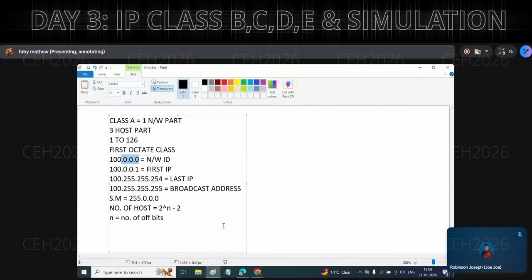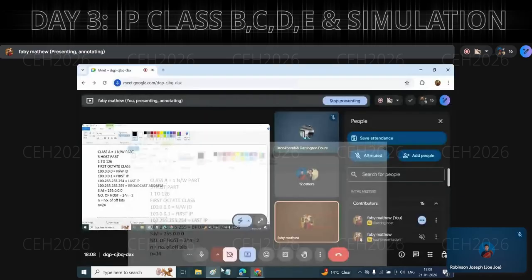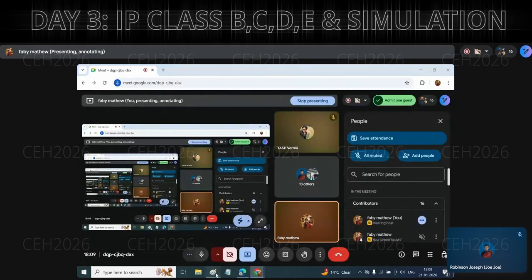Then how many bits are off? 24. Good. So n equals 24, meaning 8 plus 8 plus 8. These 3 octets belong to the host part. So in all these host octets, by default, each and every bit is off. Got it?